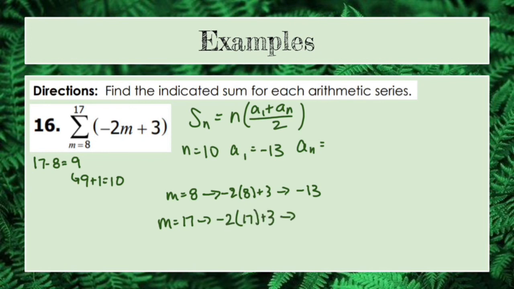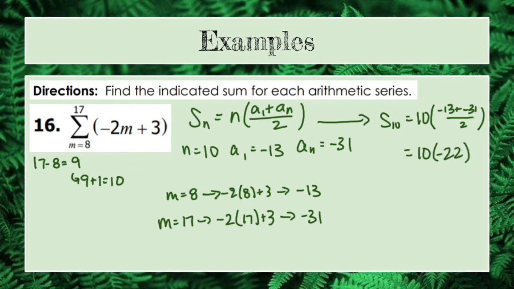So that'll be negative 34 plus 3, which is negative 31. Then we can use all of this to solve for S sub 10 because there are 10 terms. So we're going to get 10 times negative 13 plus negative 31 over 2. This is going to give us 10 times negative 22, which just equals negative 220. And that is the final answer we are looking for.